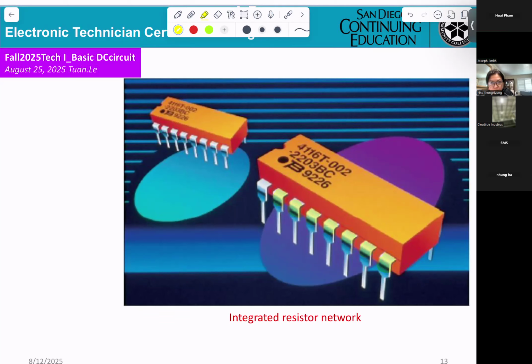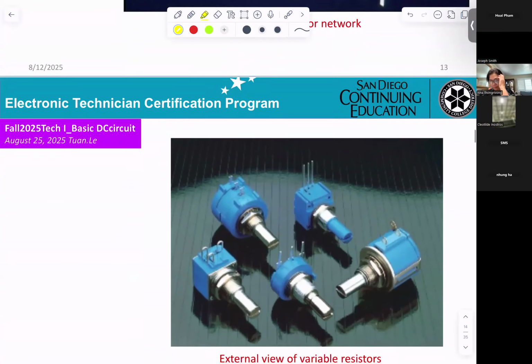The reason they're using this is to save time and space. When you use 7 resistors separately, you take a lot of space on the circuit board. So that's why they're using this IC.